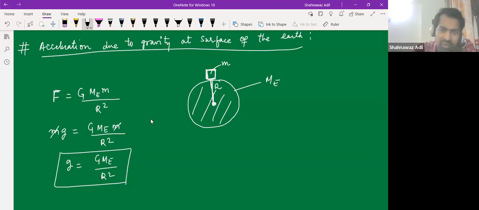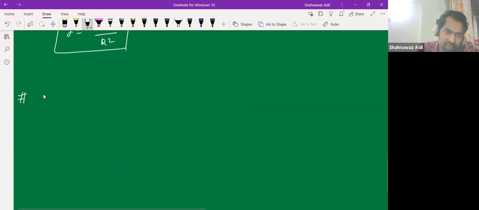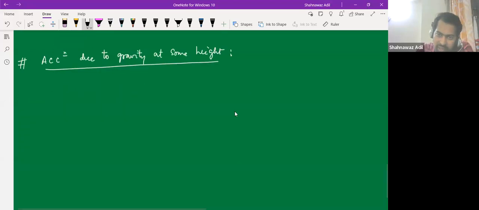So now we can calculate the acceleration due to gravity at some height. Again, I have this Earth, and the object is kept at some height.